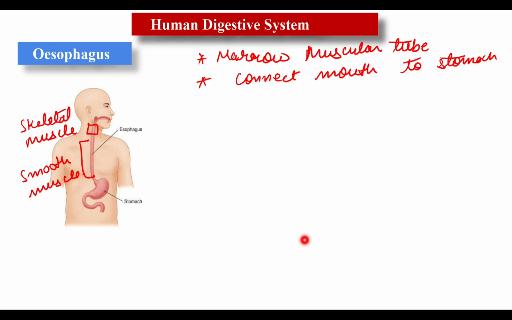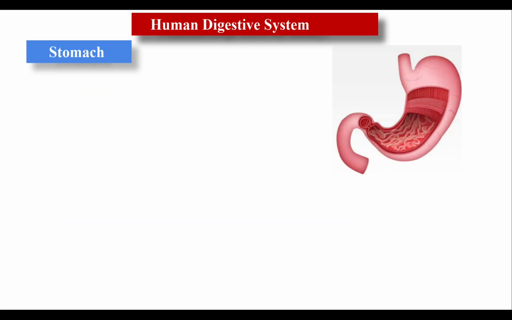And it opens into a sac-like structure which is known as the stomach. Is it clear to everyone? Now, this is all about the esophagus. Let's talk about the stomach. What do you observe, is it a J-shaped structure? Yes, absolutely.